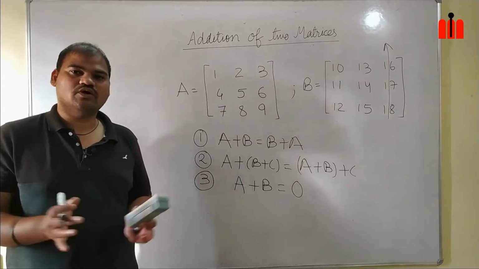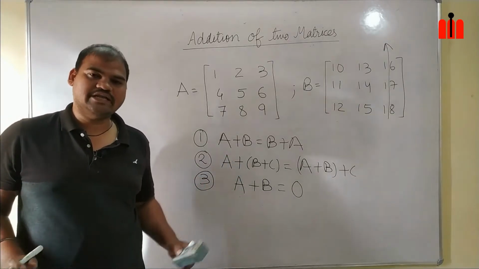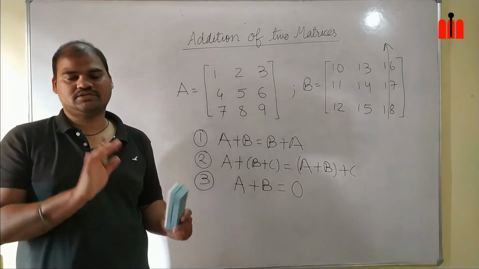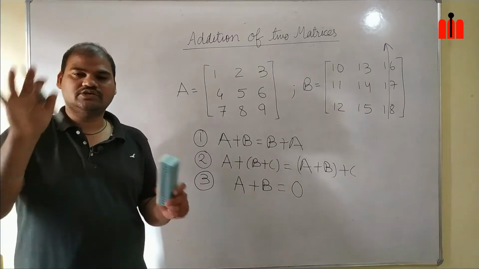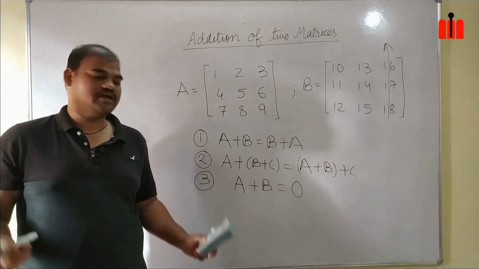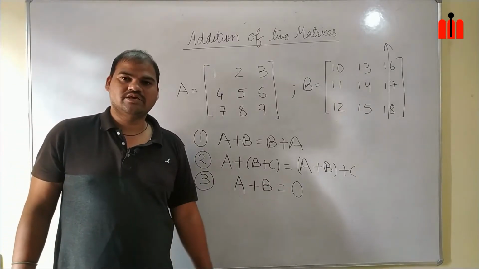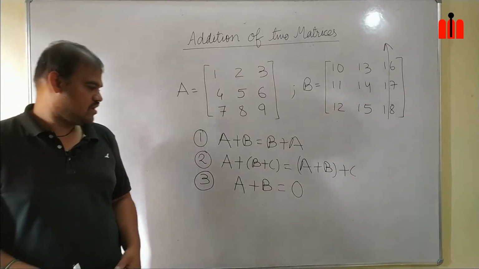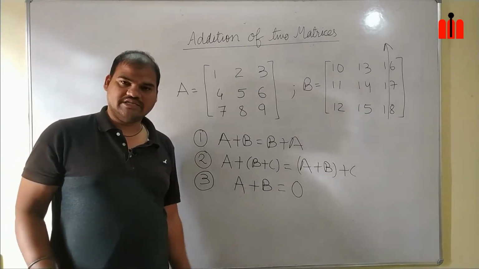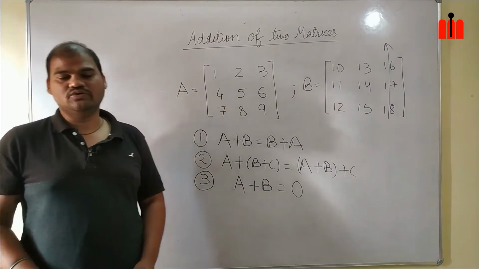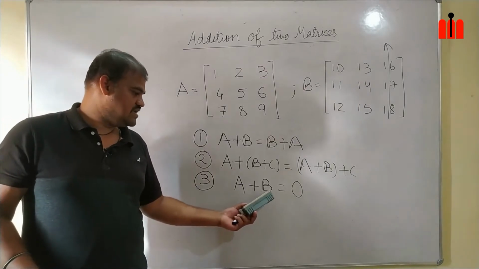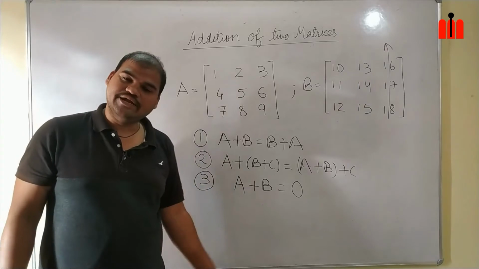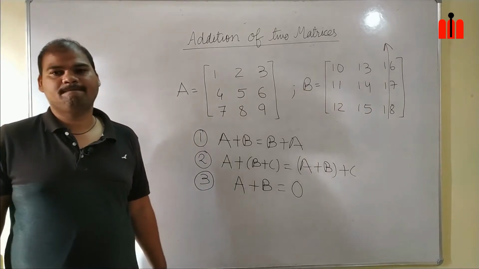Once you add these two, the resultant matrix will have all zeros as its elements. That matrix is known as a null matrix or zero matrix. We will discuss this in our types of matrices. So if you add these two matrices and you are getting 0, then B is the additive inverse of A, or A is the additive inverse of B.